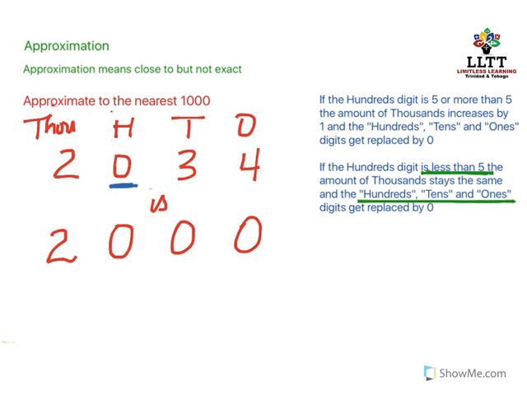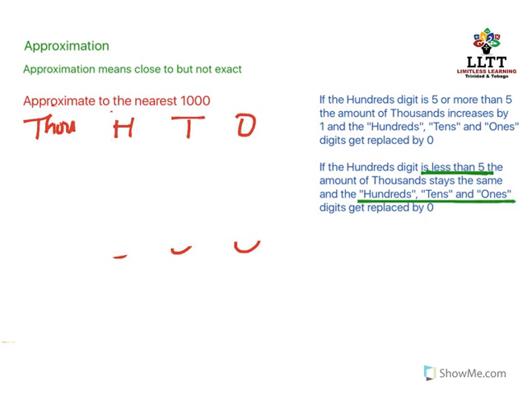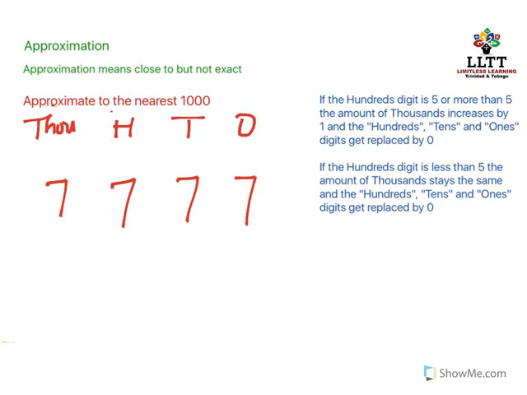Let's look at another example. So let's suppose that we had 7,777, and we want to approximate this to the nearest thousand. We're going to look at our hundreds digit. Our hundreds digit is 7. 7 is more than 5.